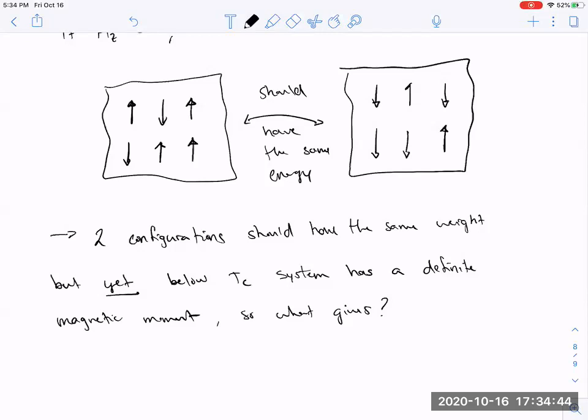So that is in fact the notion of symmetry and the breaking of symmetry, which becomes fundamental in a discussion of phase transitions and the statistical mechanics of those transitions.